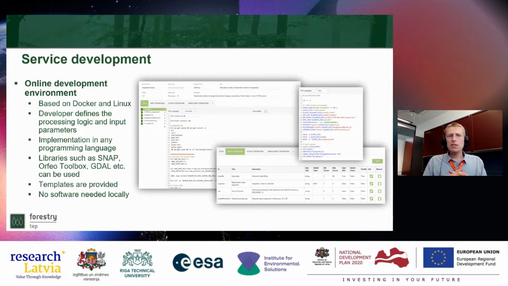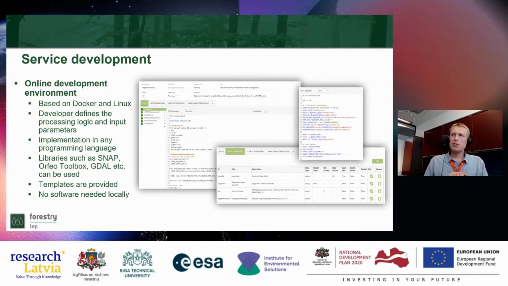Then there is the service development interface, which I already mentioned, which allows you to implement your own processing scripts into the platform. You may be aware of other platforms like Google Earth Engine, which has JavaScript and Python APIs.